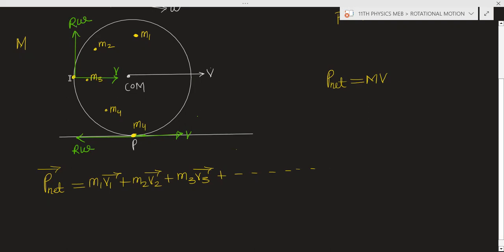So for this mass m5, the velocity will be the vector summation of v and r omega. So from here we can analyze different masses will have different velocities.